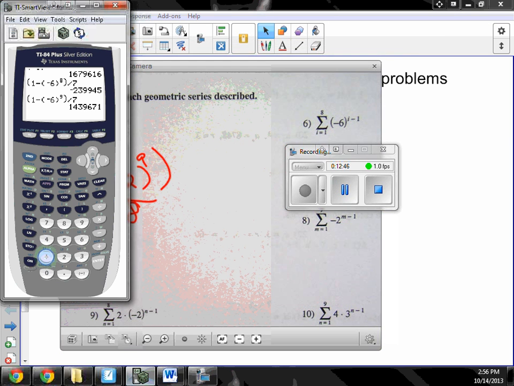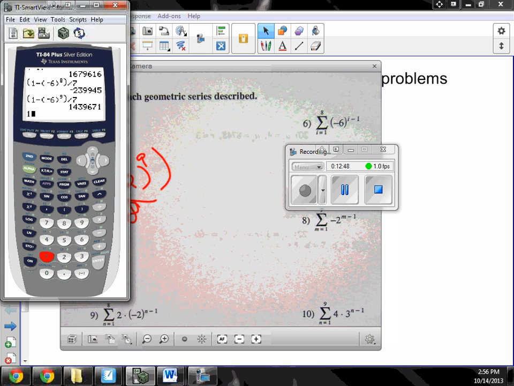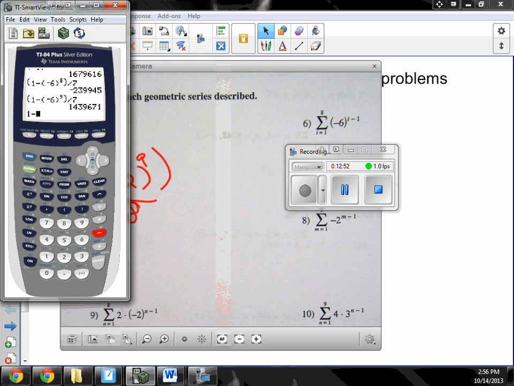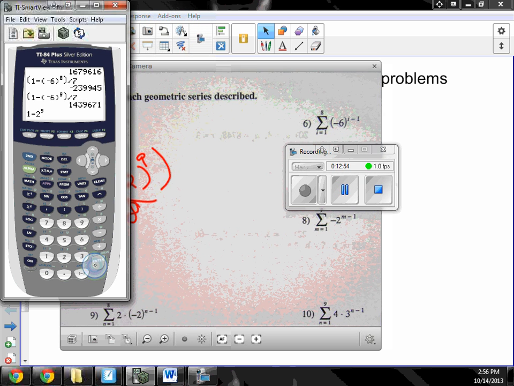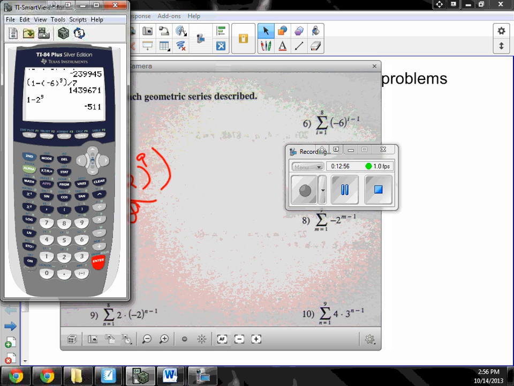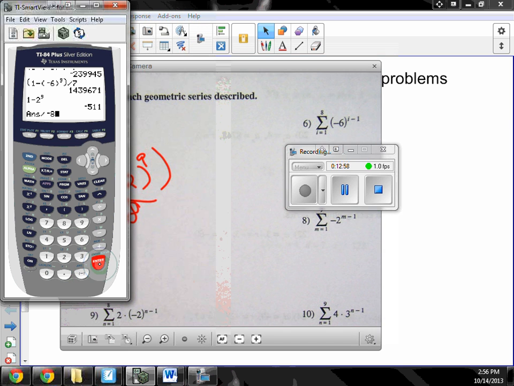So 1 minus, what is it, 2 to the 9th. I'm going to divide that by negative 8.